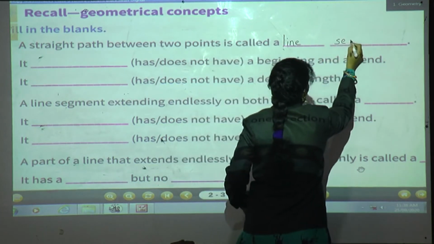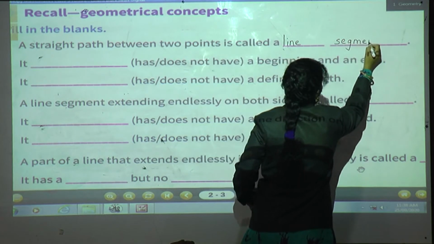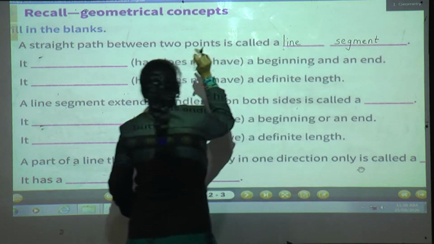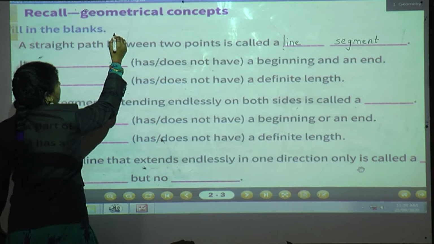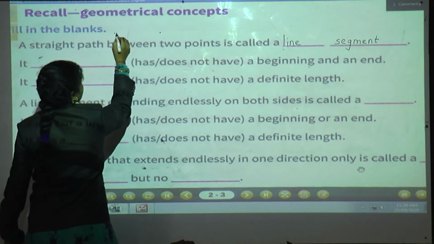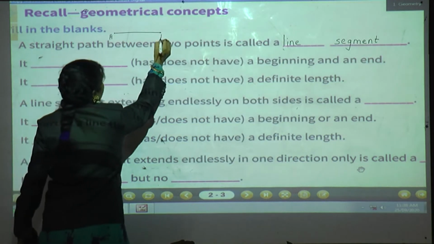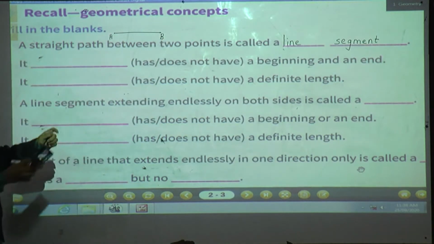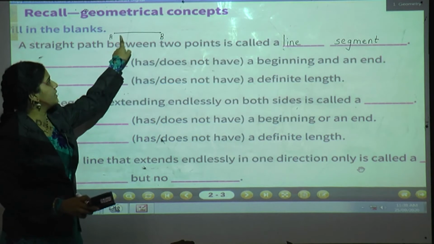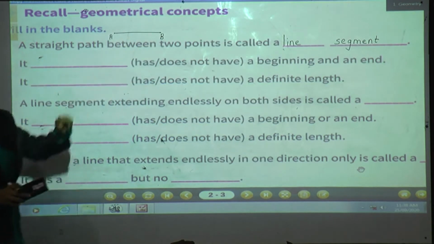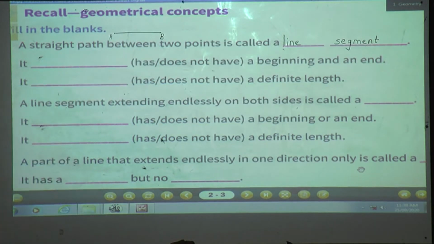Just now I told you, a straight path between 2 points. Suppose these are the 2 points, A and B. This one is a straight path. We will call it a line segment.